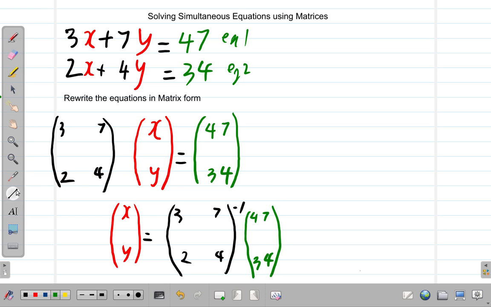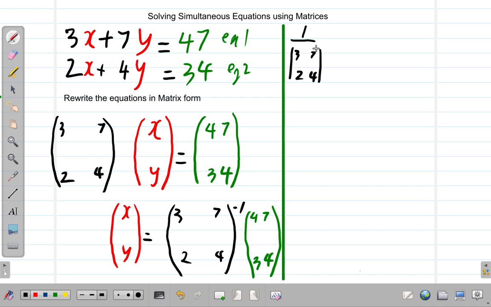So now, let us find the inverse of 3, 7, 2, 4. Remember now, it will be 1 divided by the determinant, or let's write it using the other method: the determinant of 3, 7, 2, 4. Remember, the straight lines on each side mean determinant.